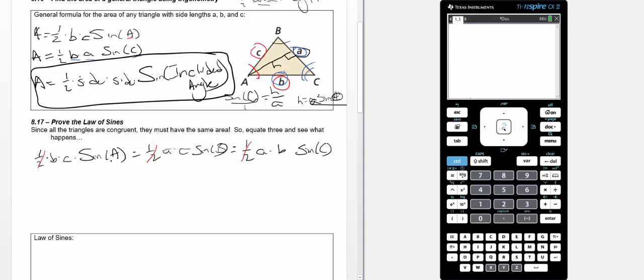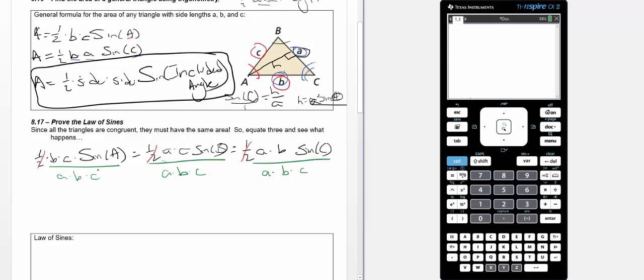So I'm going to divide by this clever number, which is what you get when you multiply all three sides together, A times B times C. Note, since this is a triangle, it can't be 0, so this is fair game. So I'm going to divide everything by the product of the sides, A times B times C.